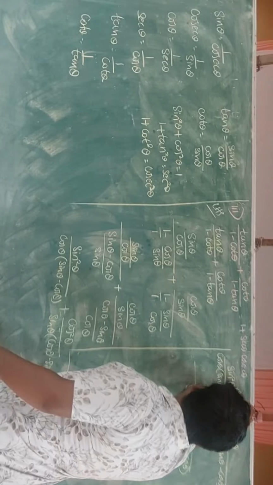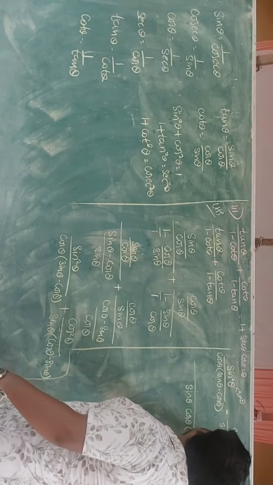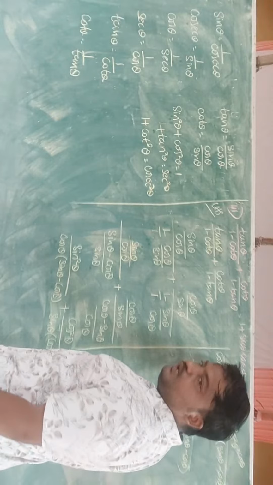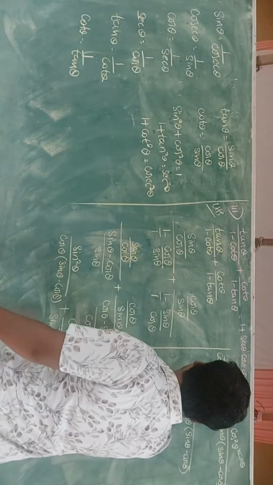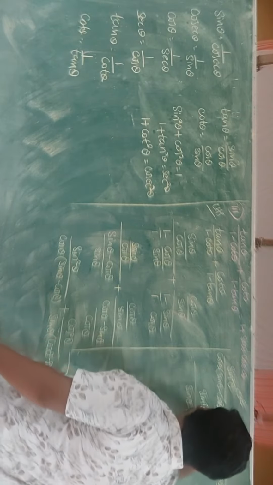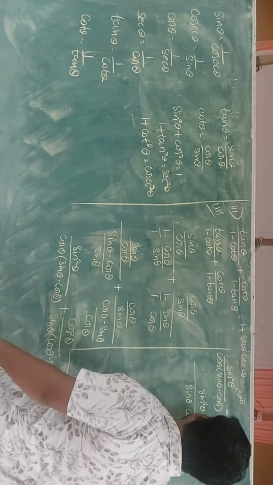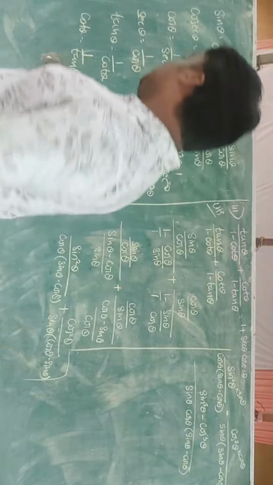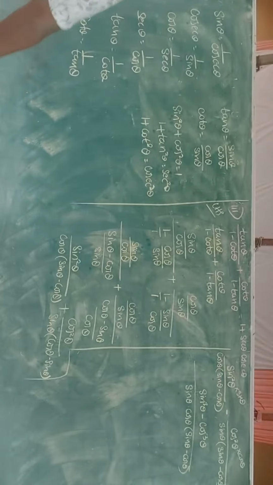Sin square theta into sin theta gives sin cube theta, minus cos square theta into cos theta gives cos cube theta. Again an algebraic identity is here, a cube minus b cube. What is the expansion of a cube minus b cube?